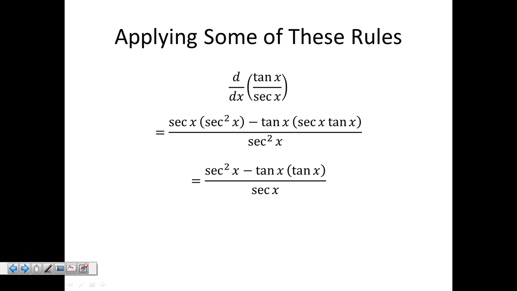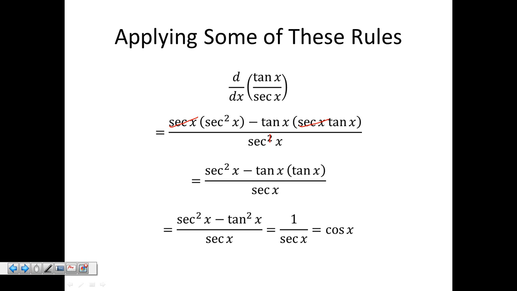So I've got that secant squared on the bottom, so I can go ahead and cancel out a secant everywhere in this fraction. So I'll cancel out a secant there, and one of these secants on the bottom. Obviously I can turn that tangent times tangent into a tangent squared, and where did I get that one?